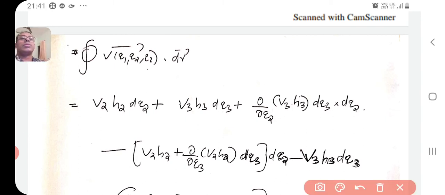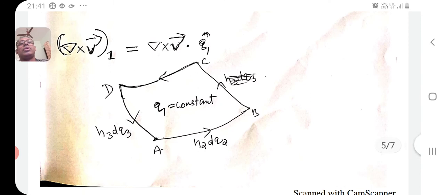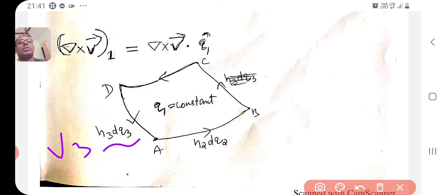So we have V2 h2 dQ2 here. Then for this edge we have V3 h3 dQ3. Now for AD, the component in this direction is V3 h3 dQ3, but we don't know the component here.